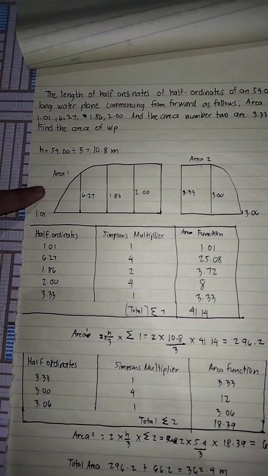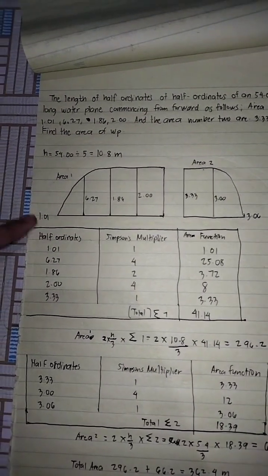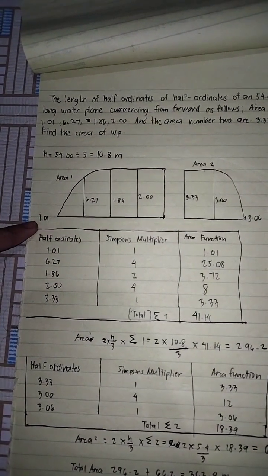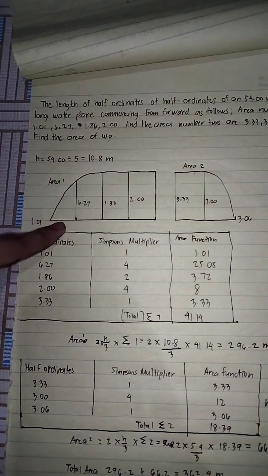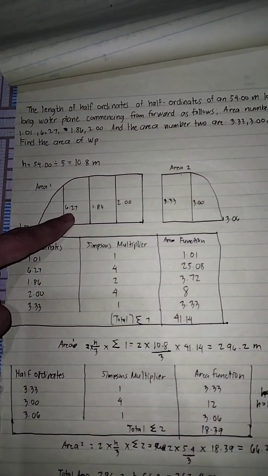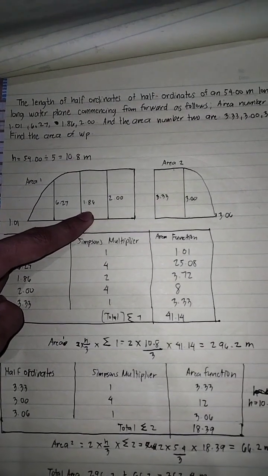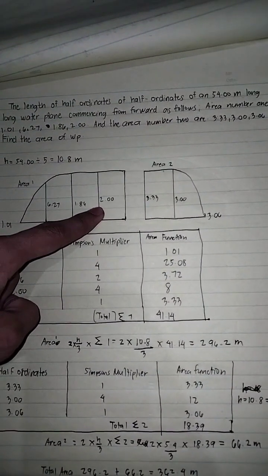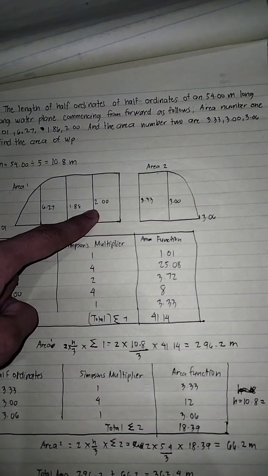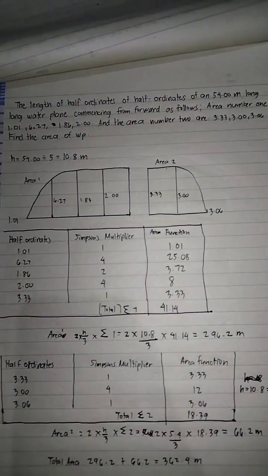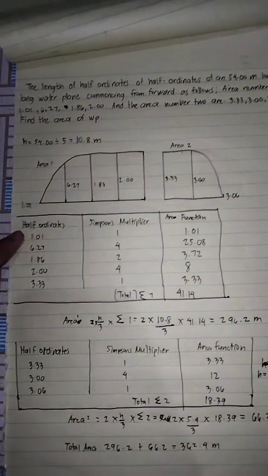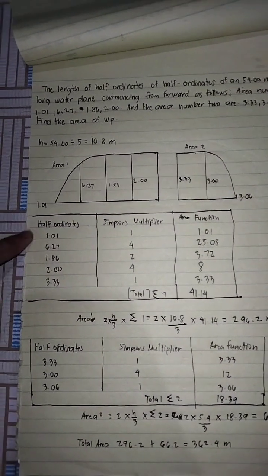This is area number 1, which consists of the first ordinate 1.01, the second ordinate 6.27, the third ordinate 1.86, and the last ordinate 2.00. So this is the table of area number 1.